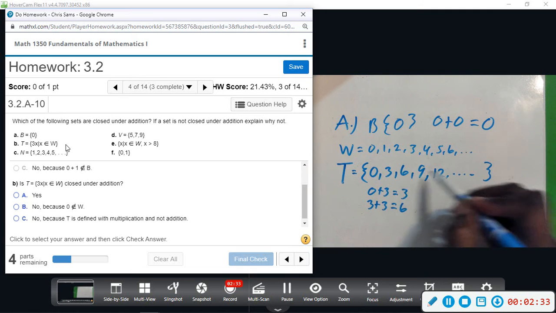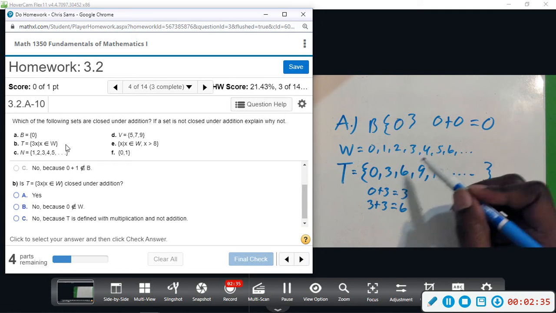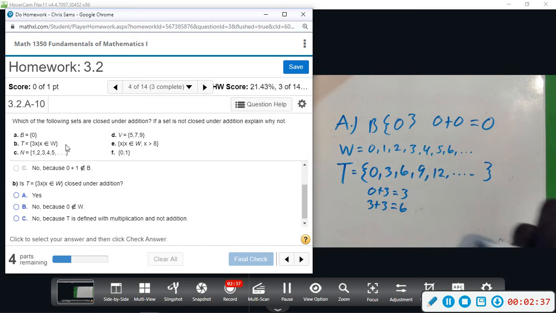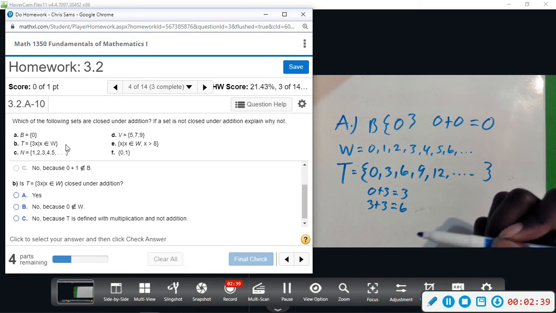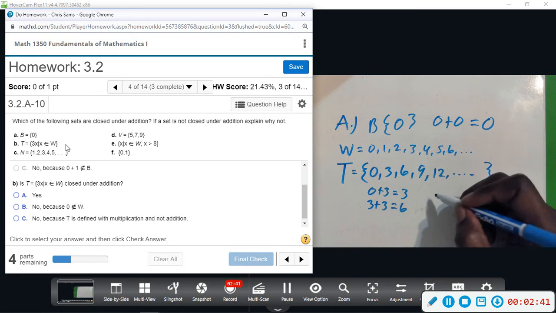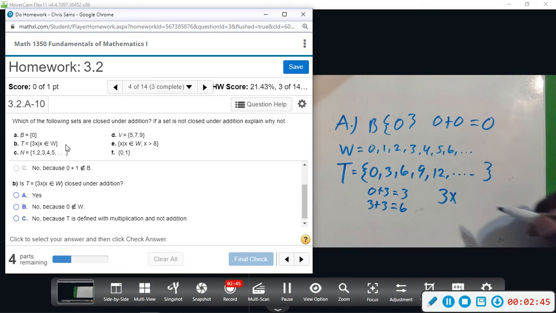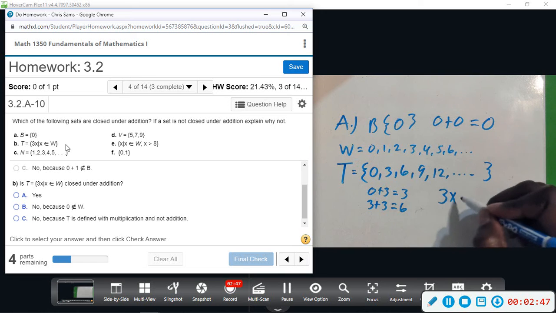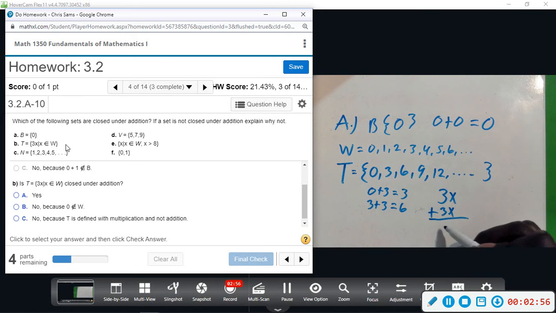Since all of these numbers are multiples of 3, if I add two multiples of 3, it will still be a multiple of 3. Furthermore, really how they prove it is they say, let me take one element that's in the set, which is 3x, it could be any number, plus another element that's in the set, and I add these up, it will give me 6x.